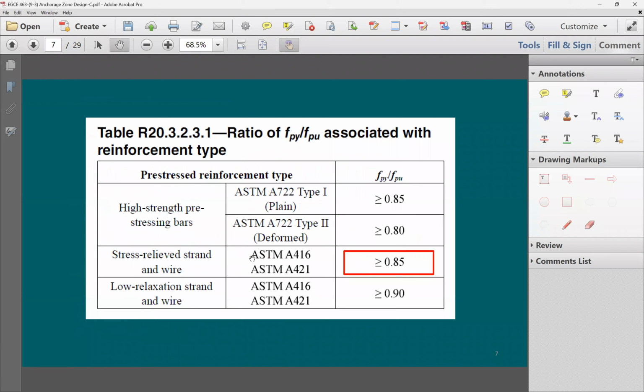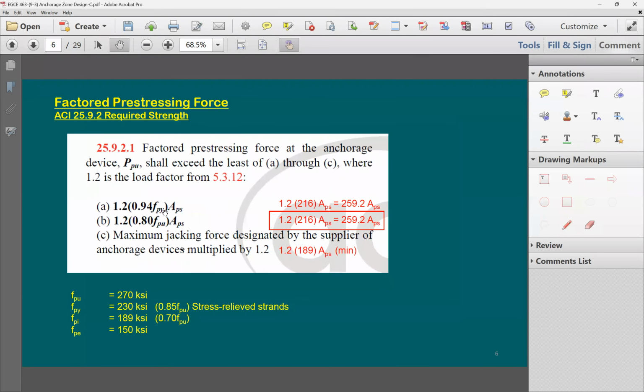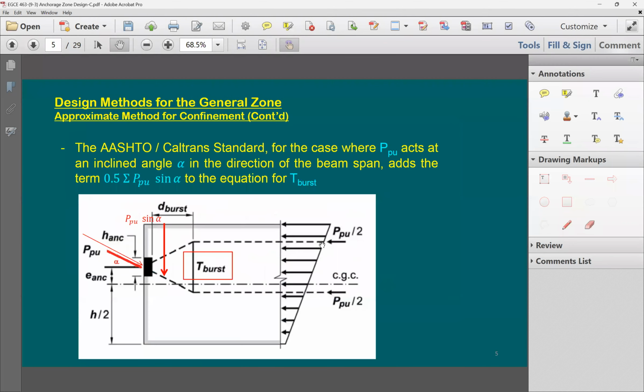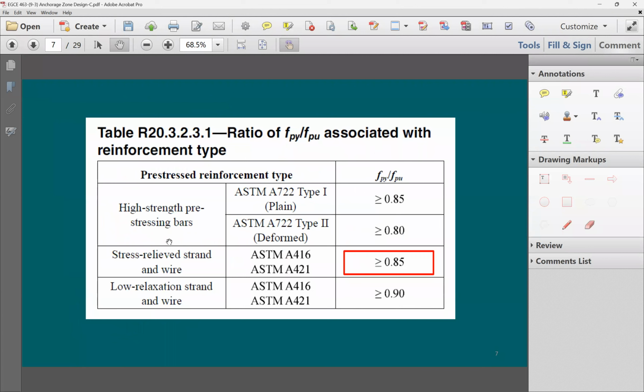So for the type of strands that we are using, the 416, these two equations will yield the same force. But in a case like 722, you may end up with two different equations, two different values, and you can just take the smaller of the two. Same thing here when you have 90%.